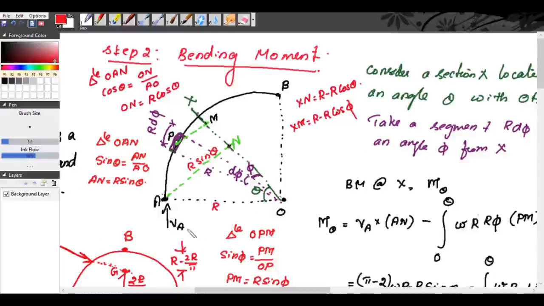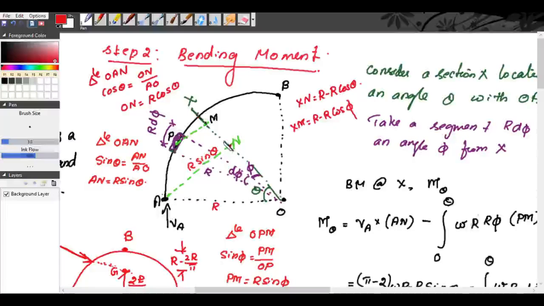When you take VA into the perpendicular distance XN, right? Where is XN? When you take the perpendicular distance, it is anti-clockwise. This is the perpendicular distance, right?